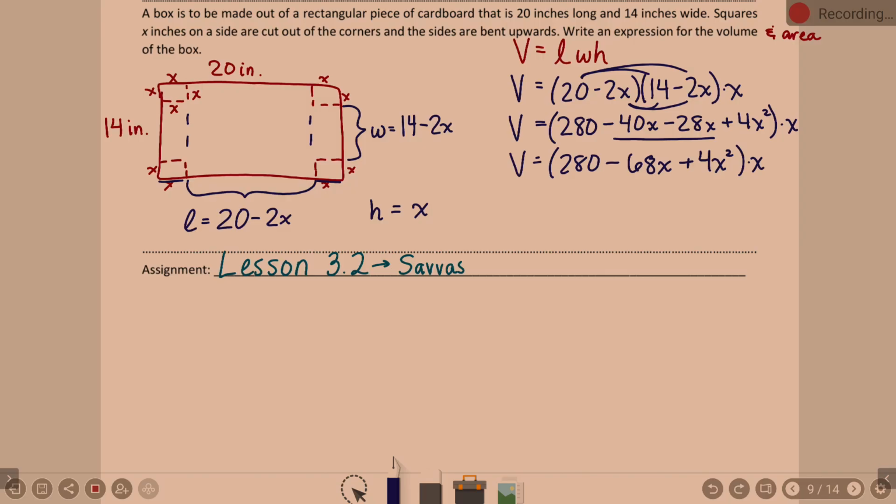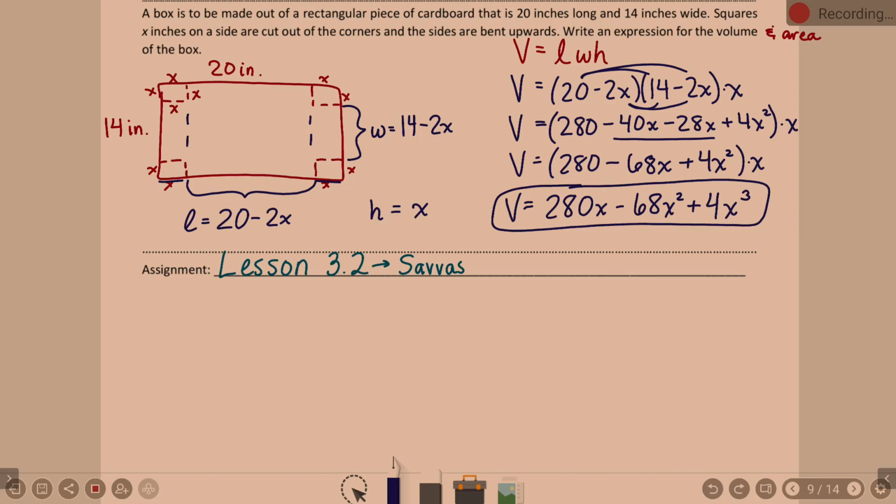Each of your x exponents just goes up 1, yes? So I'm going to have a volume of 280x minus 68x squared plus 4x cubed. Okay? And that is your expression for volume. No, we never said we were finding the volume. It just said an expression for volume. Okay?